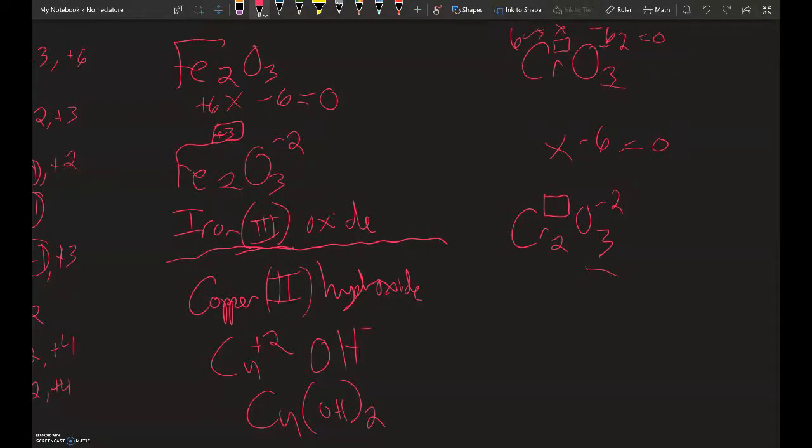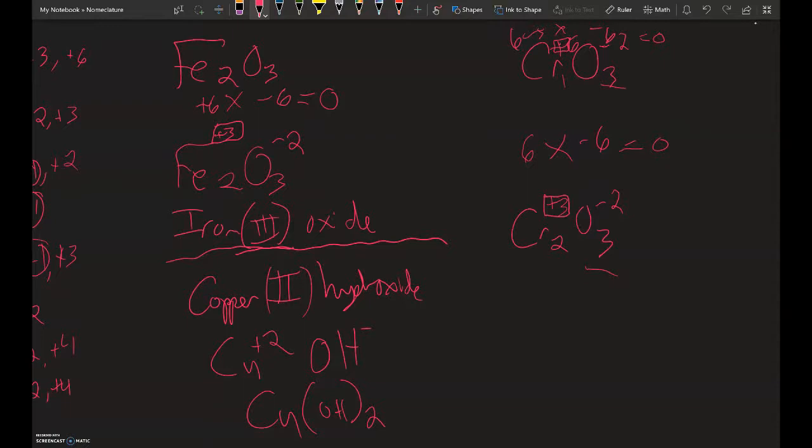How many chromiums are there in this compound? There's only 1 chromium, so that means this chromium is +6. Looking at the bottom chromium, we can also see that it's going to be 6. The difference is that there are 2 chromiums in this formula, so 6 divided by 2 gives me +3.